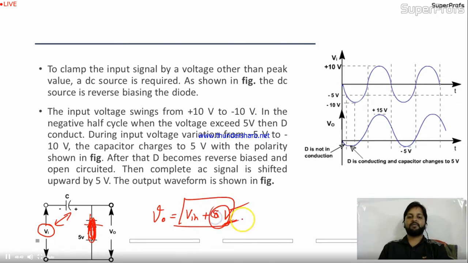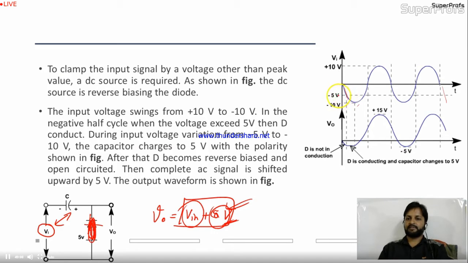You added 5 volt DC into the input, or in other words, you clamped the input by 5 volt DC. Is it okay? Now if this is your input waveform, you have to add 5 volt at each and every value. So your circuit will be like this.